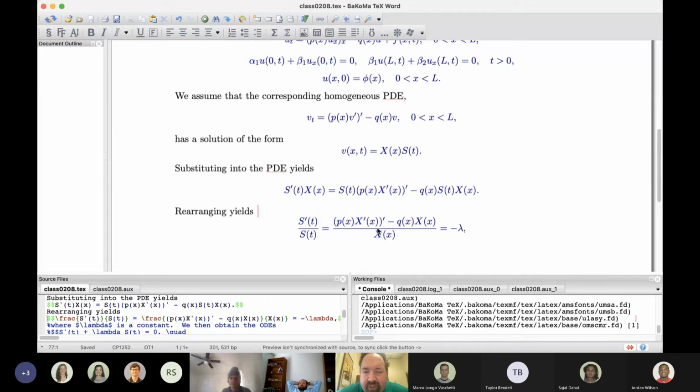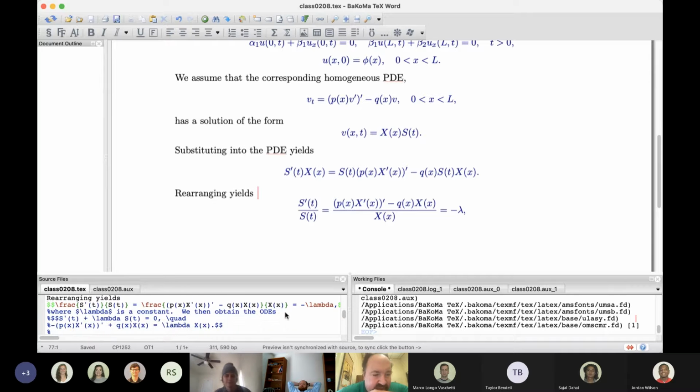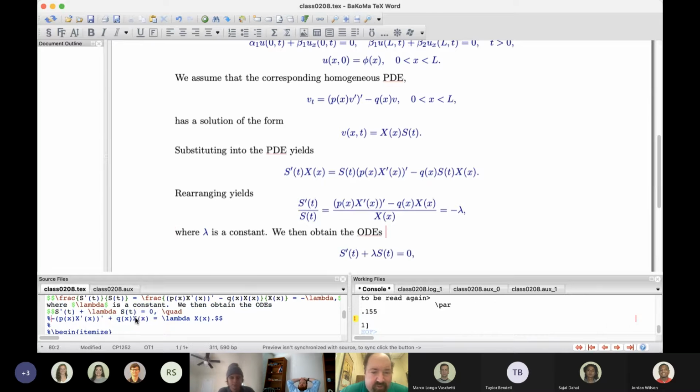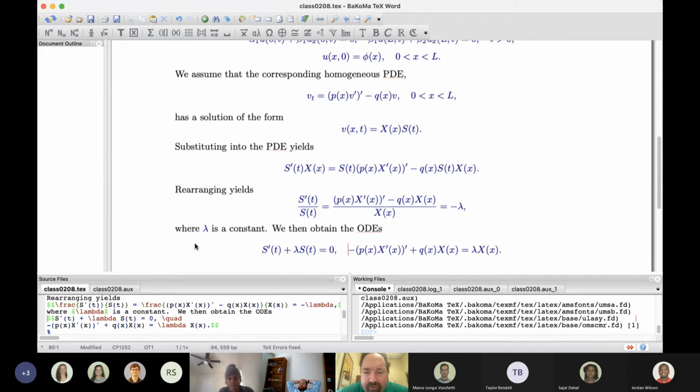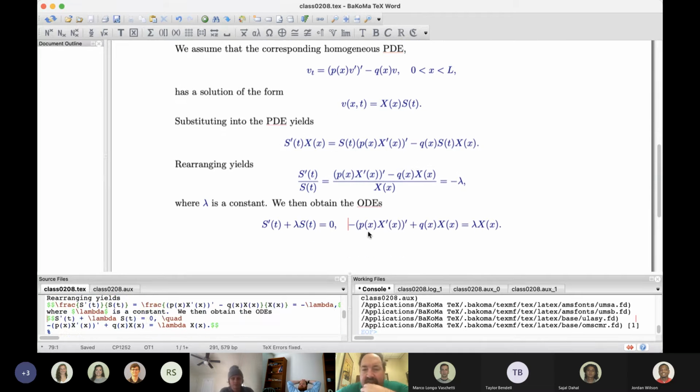So both of these must be constant. Therefore, it's equal to some constant, which I'll call minus lambda, a minus is just a notational convenience. And here are my ODEs. So this is just like separation of variables again. Well, it literally is separation of variables. It's just that this problem might be more difficult to solve, just because I have these variable coefficients p and q. What I'm showing you is that the principle behind separation of variables still applies in this case.